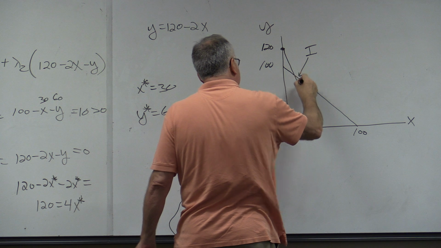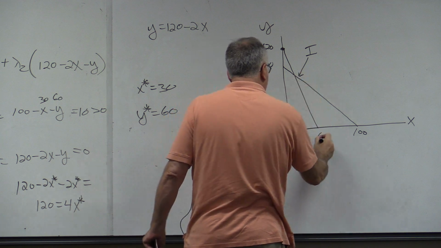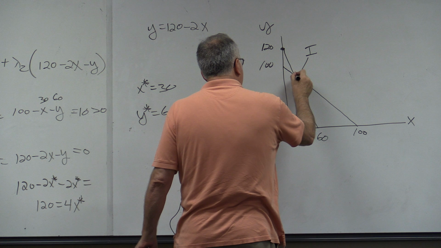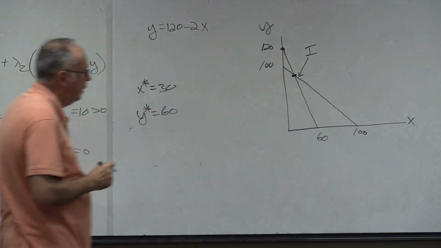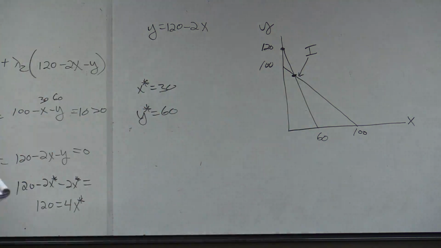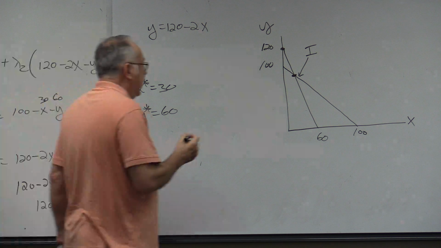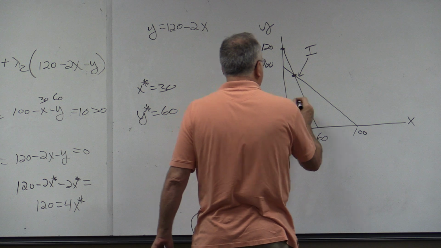This goes like this, would cross at 60 down here. These two intersect right here. Where are you at? You're at the point where y is 60 and x equals 30. So you're at this point right here.